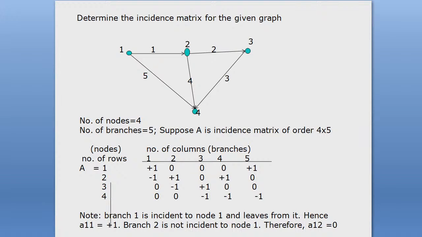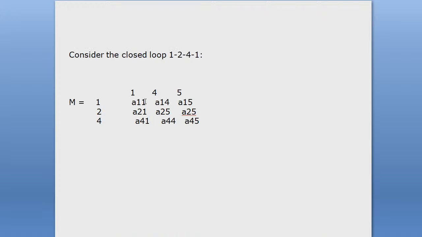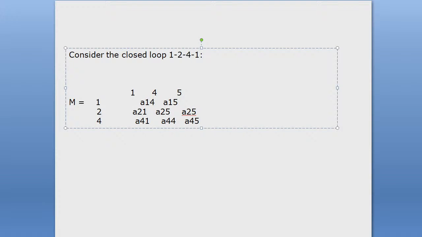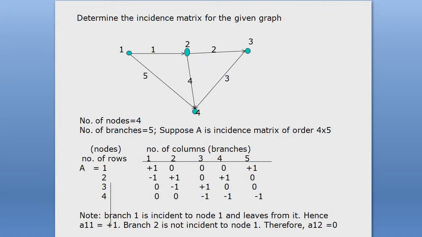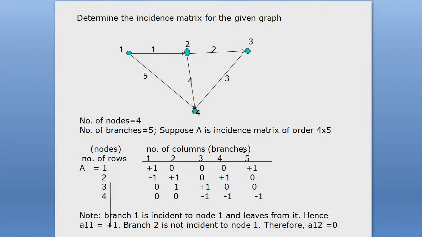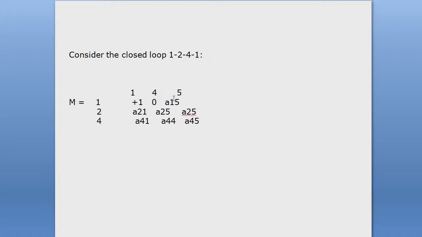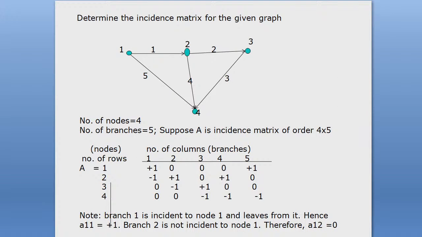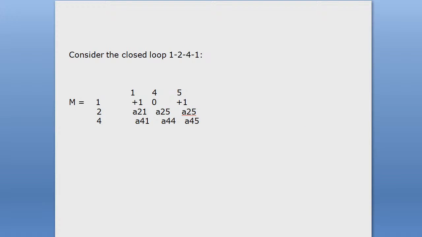A11 is plus 1. A14 is 0. A15 is plus 1. Then you write the values of the remaining elements: A21, A24 and A25.